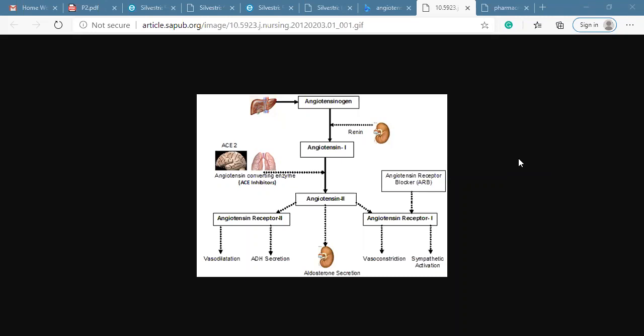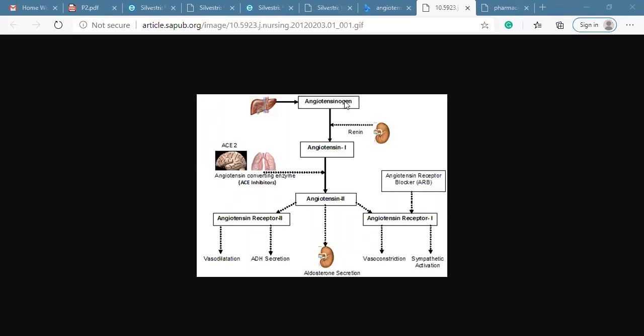As I told you, every enzyme is a protein, right? The liver produces a protein called angiotensinogen. Angiotensinogen is a protein produced by the liver. Angiotensinogen converts to angiotensin 1 in the presence of renin, and renin is secreted by the kidney. So I am going to recap it.